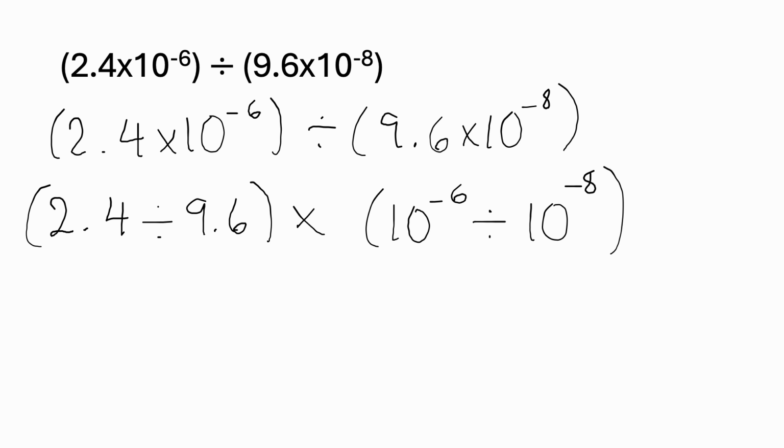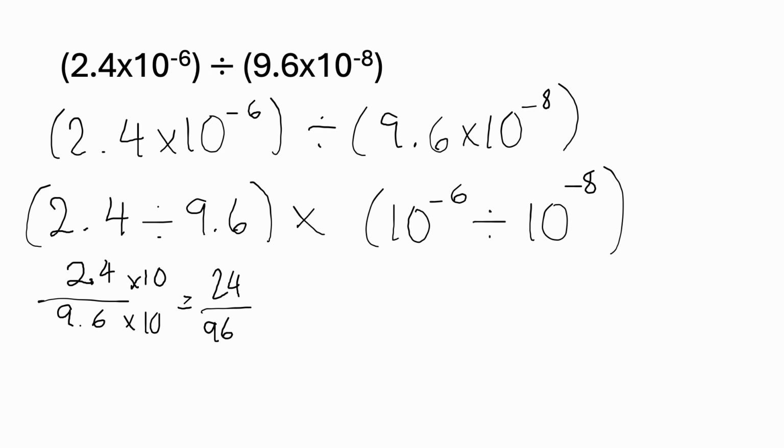If this was a non-calculator exam, I like to write it as 2.4 over 9.6. Then I would multiply the top and bottom by 10 so that I can turn it into a whole number. So we get 24 over 96, and then I would simplify the fraction. Off the bat, I know it's divisible by 24, but if we didn't know, we can see that these numbers are divisible by 2.